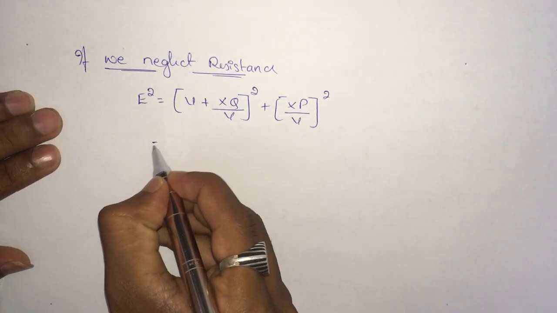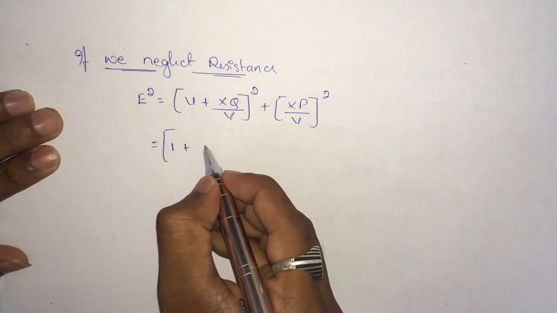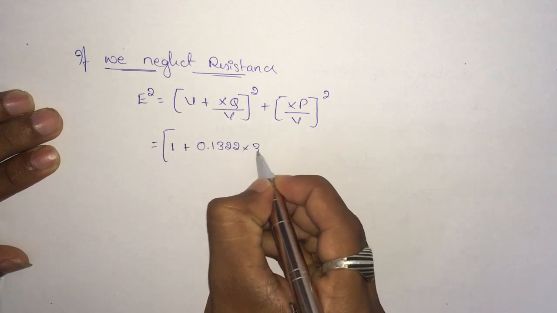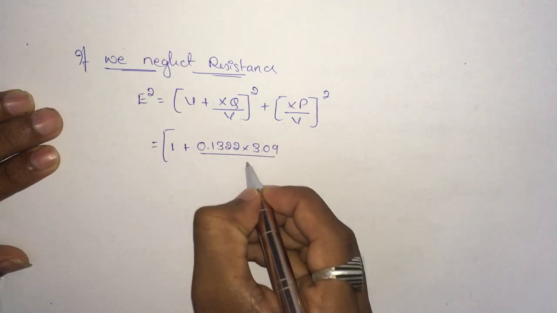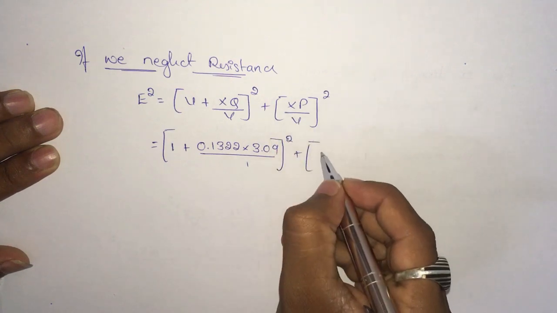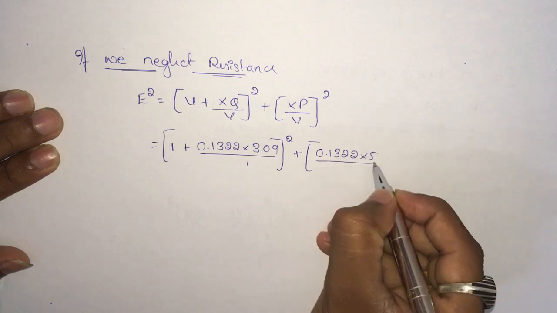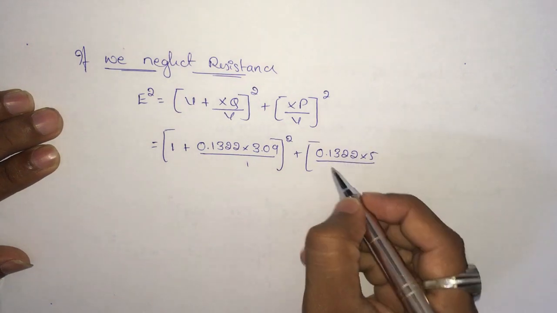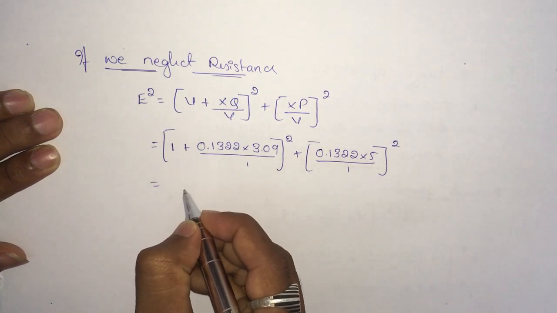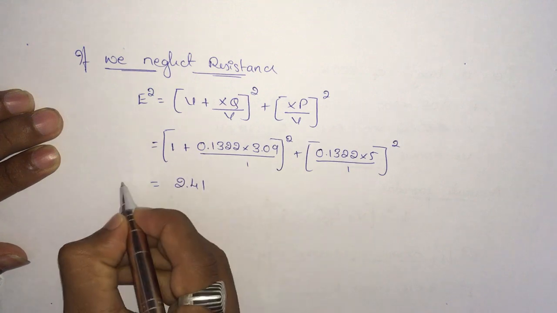Substituting the values, V is 1 plus X is 0.1322 into Q is 3.09 divided by 1 whole square plus X is again 0.1322 into 5 divided by 1 whole square leads to 2.41.